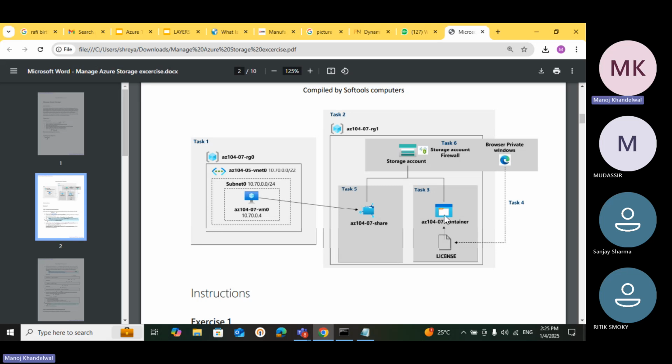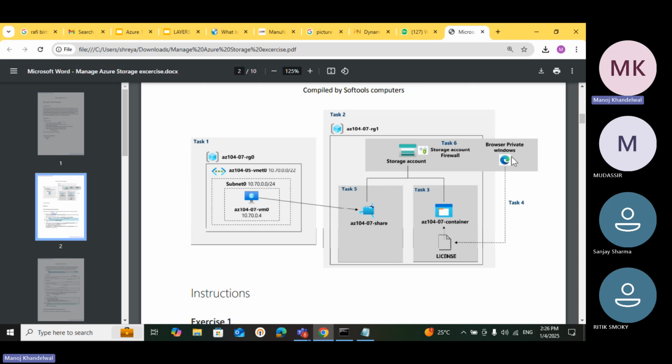Now this file you want to access from the internet, right? And in task 4 you try to access it from another computer. You go to a browser private window. So instead of going to another computer, we open a private window here and we try to access the storage. What do you think?